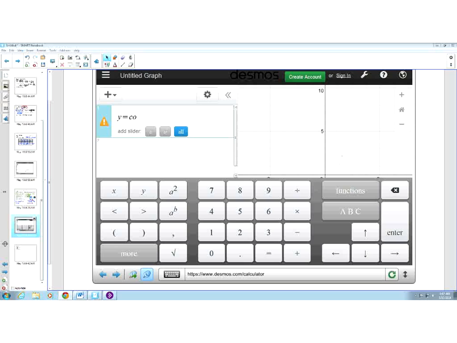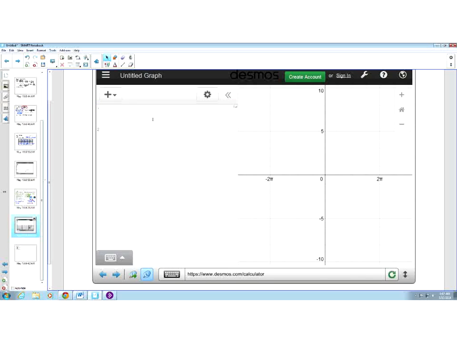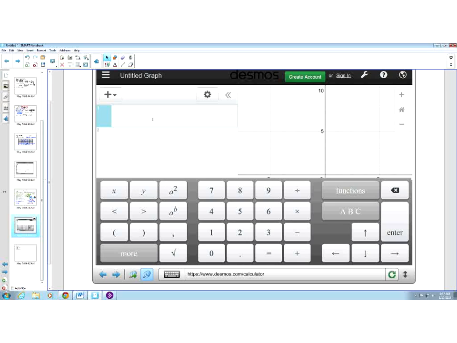Oh, maybe that's it, f of x. Maybe I need to write it in terms of f of x. Let's see, f of x is equal to cosine x. Wow, that's really strange. Why did it all of a sudden stop?